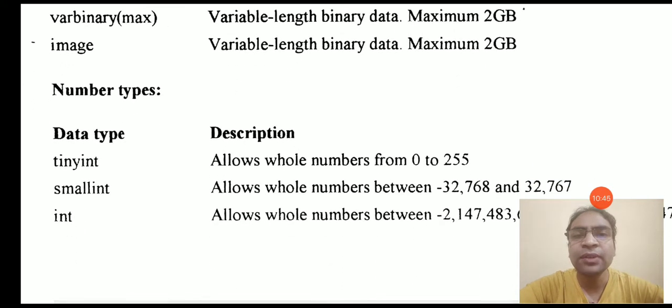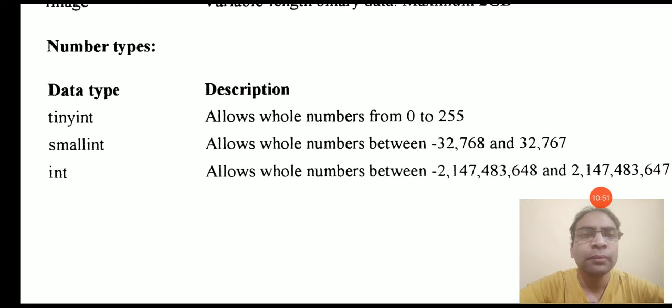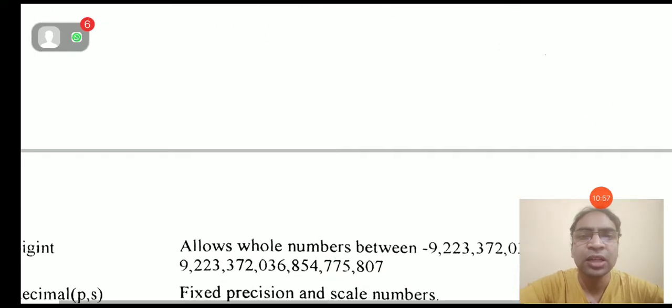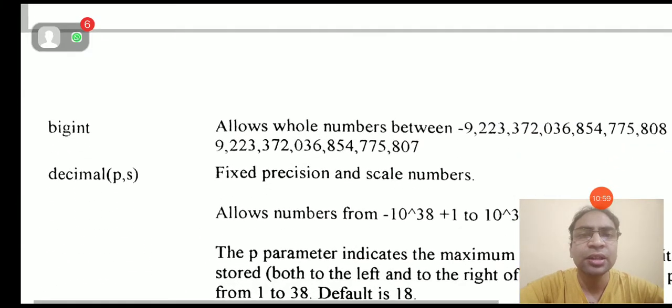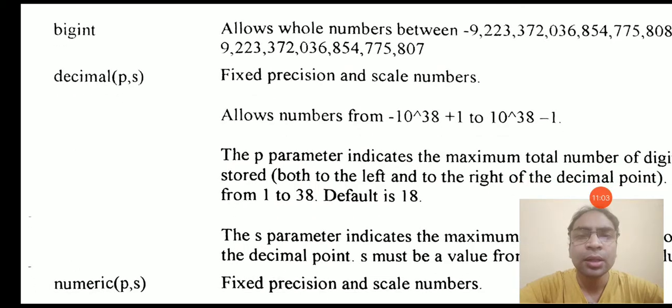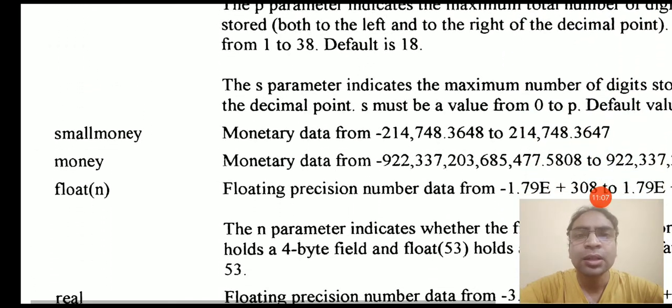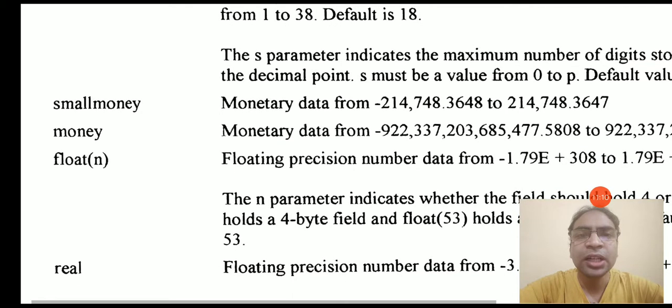For the number types, we have tiny int to store numbers from 0 to 255. Small int allows the range -32768 to 32767. Then we have int, a much larger value. Again we have big int here with very large values. Then we have decimal data type, and we have numeric data type. We have money, float.